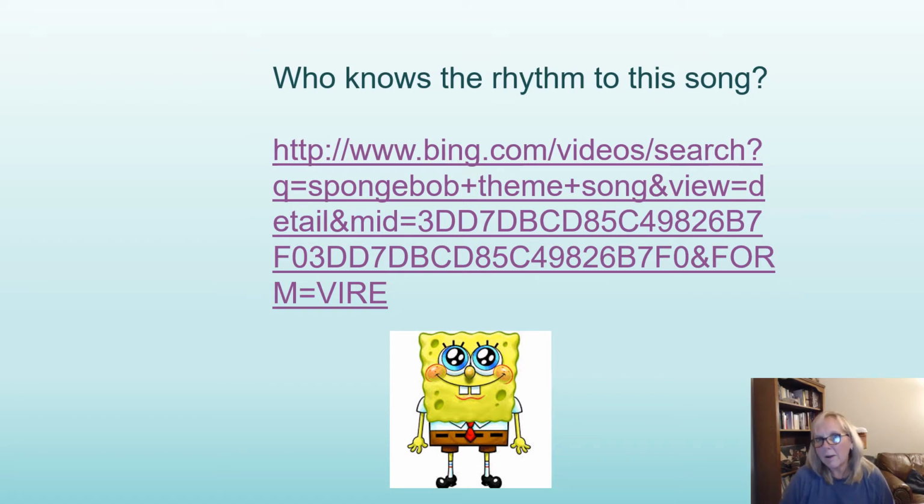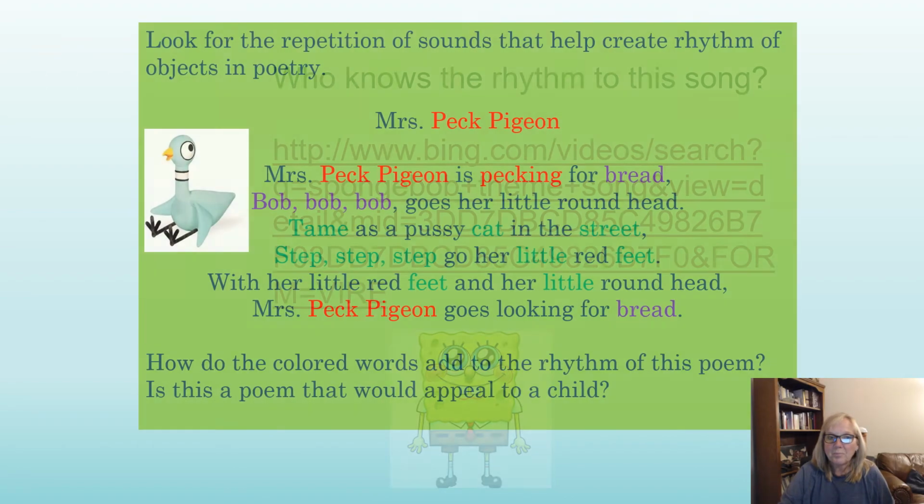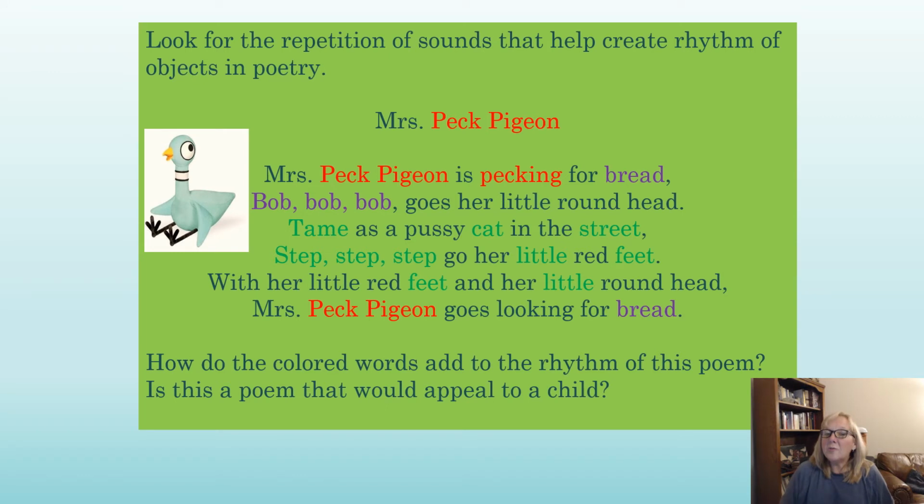Who lives in a pineapple under the sea? Who doesn't know that one? There's a particular rhythm to it, and rhyme as well, and kids respond to that. Look for the repetition of sounds whenever you're talking about poetry with kids. That even helps create the rhythm.